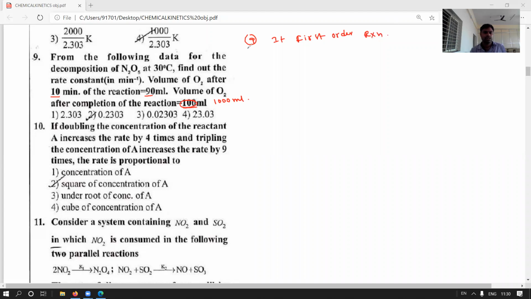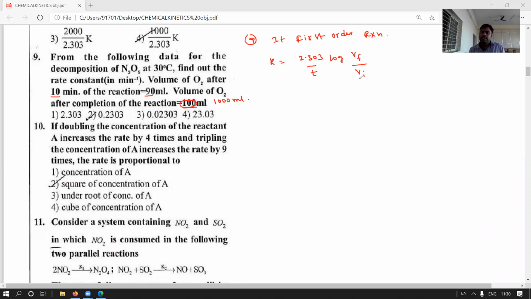For first order reactions, K is equal to 2.303 by t into log of final volume by initial volume of O2. In terms of volume, it actually becomes initial concentration by final concentration of reactants that we need to write.